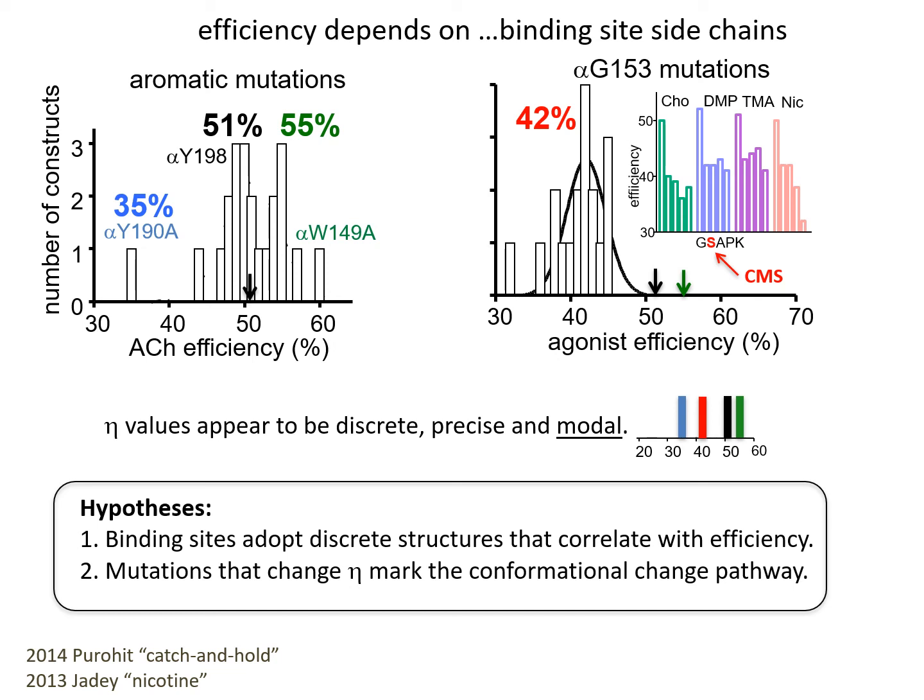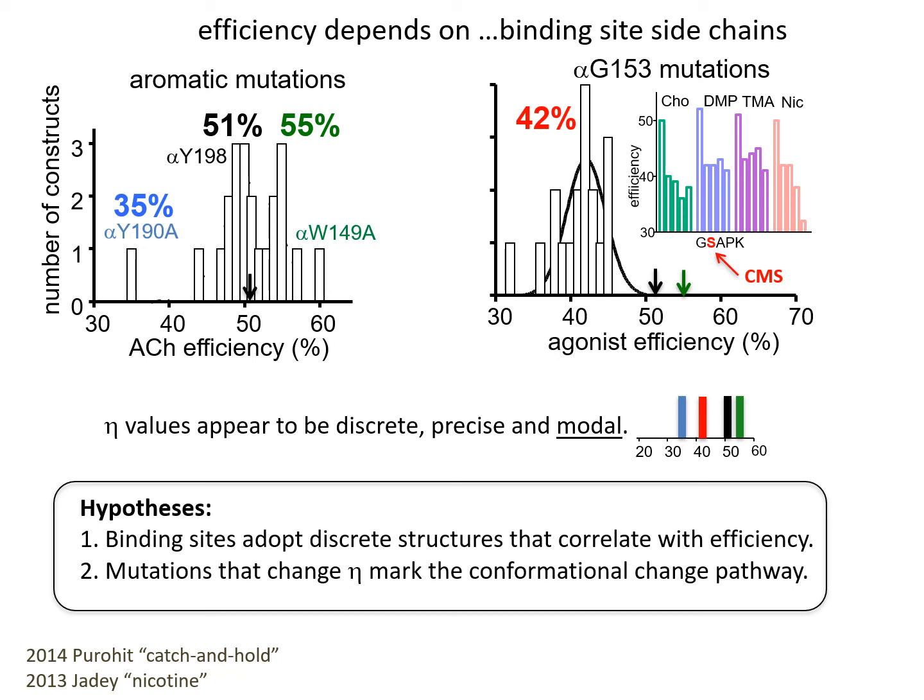So the binding site is only capable of producing certain efficiencies, is what our hypothesis is, that the binding sites adopt discrete structures that correlate with efficiency. That is, it's not a rubber room where the binding site wants to click to an O conformation, but if it's frustrated by van der Waals or other forces, it goes to a different alternative structure that's discrete.